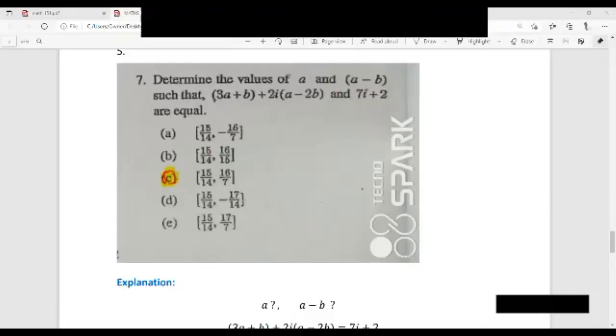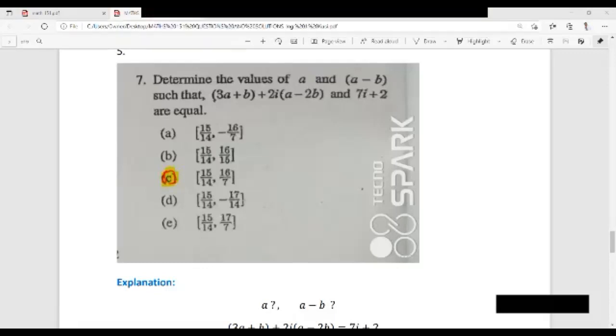So let me share. We are on which one? Okay, so we are on question 7. Determine.